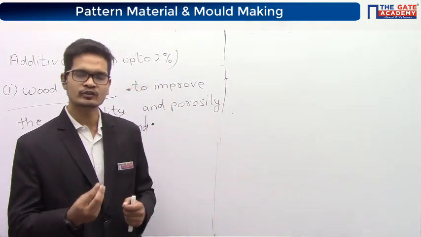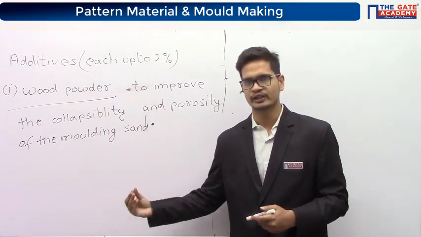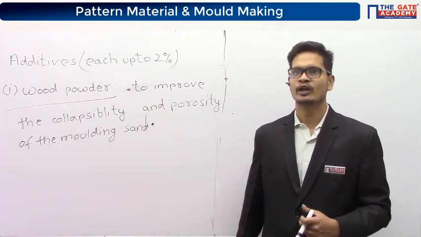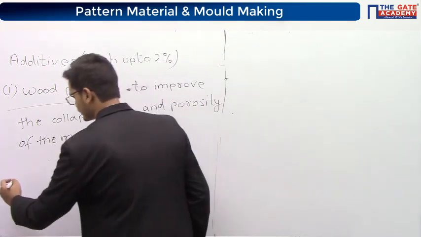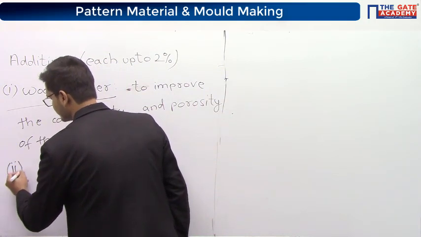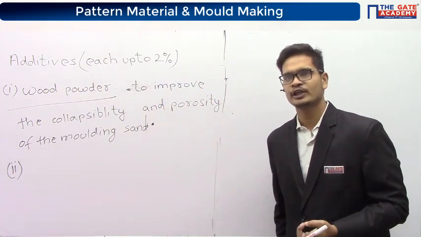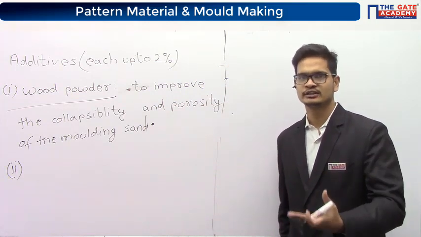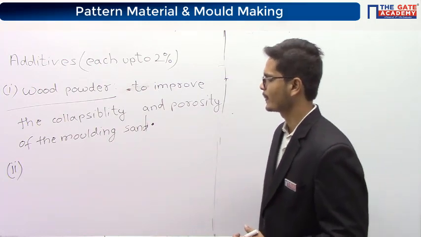It will allow the contraction when the collapsibility is good. Understood? If the collapsibility is not good, the free contraction will not be allowed. That will lead to thermal stresses. The thermal stresses will lead to crack formation. Any doubt in this point?